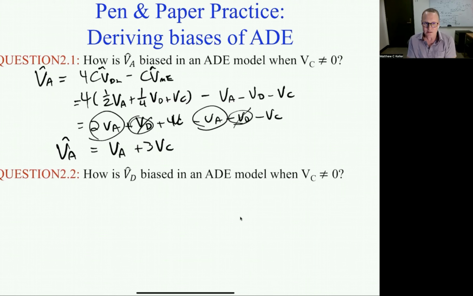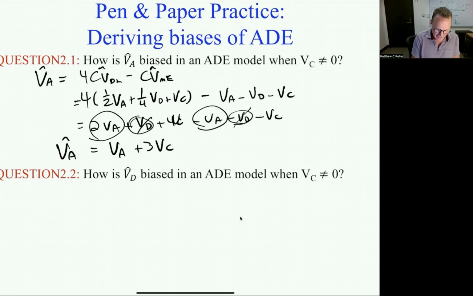Now, of course, VC itself can't be too high, or else we would have been fitting an ACE model, because twice the covariance of DZ twins would have been greater than the covariance of MZ twins if VC gets too great. So it's not like anything is possible, and it's not like this bias is necessarily that large when you're fitting an ADE model, but it still needs to be kept in mind that the estimate of VA hat could well be overestimated if shared environmental variance actually exists.